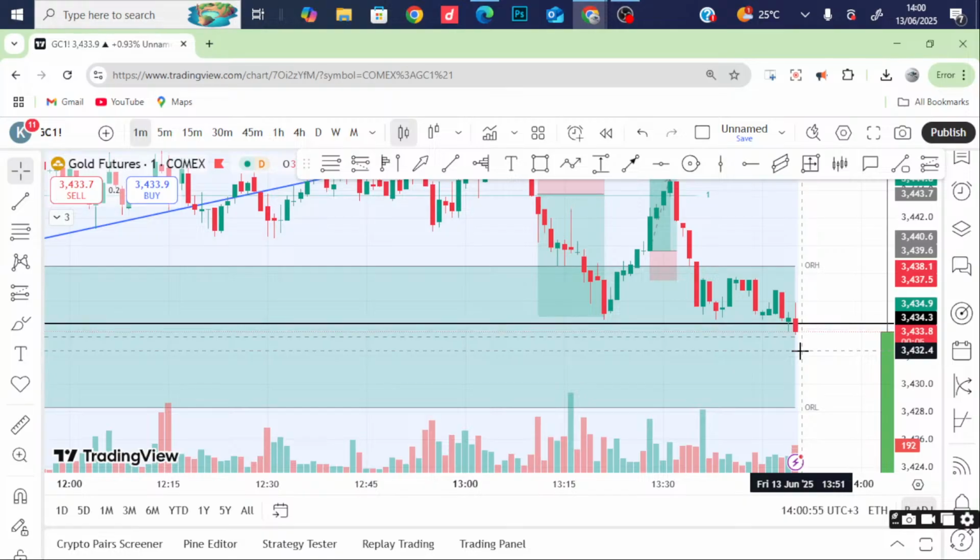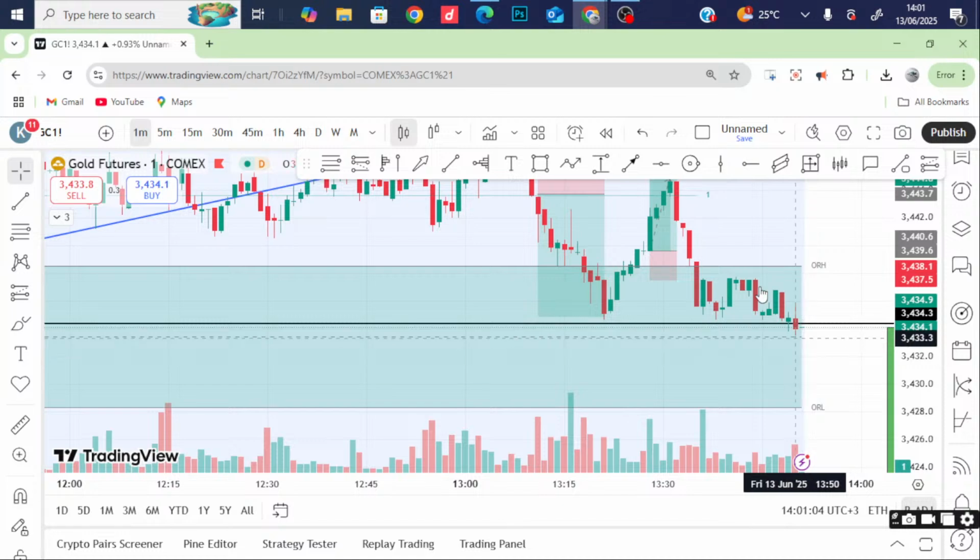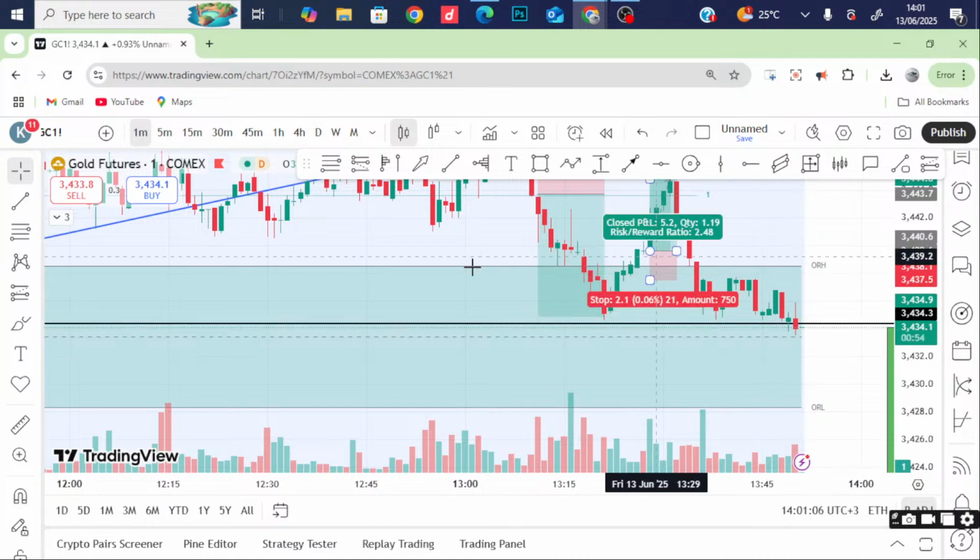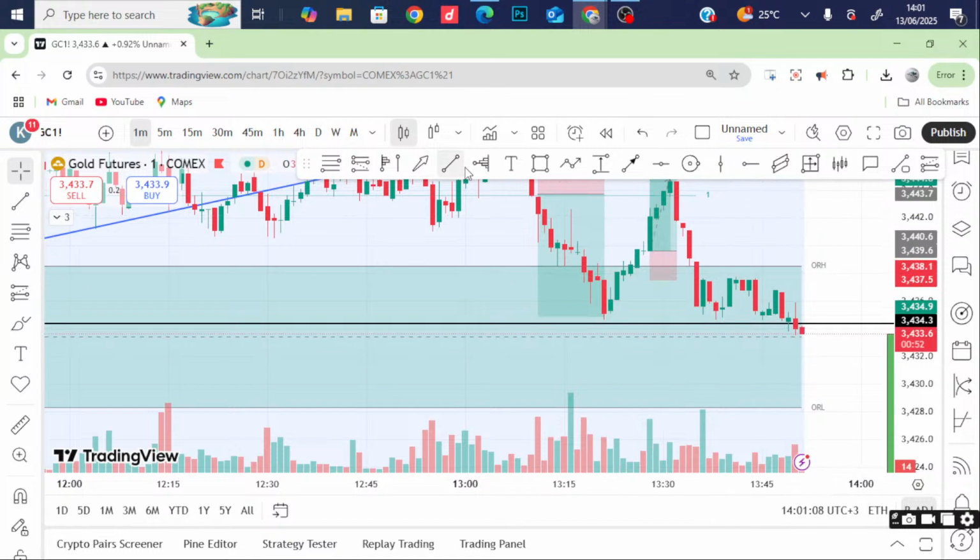We're waiting for a retest from that point. And if it literally breaks the ORB from the upper side, then we take our entries. We take our good trades from there.